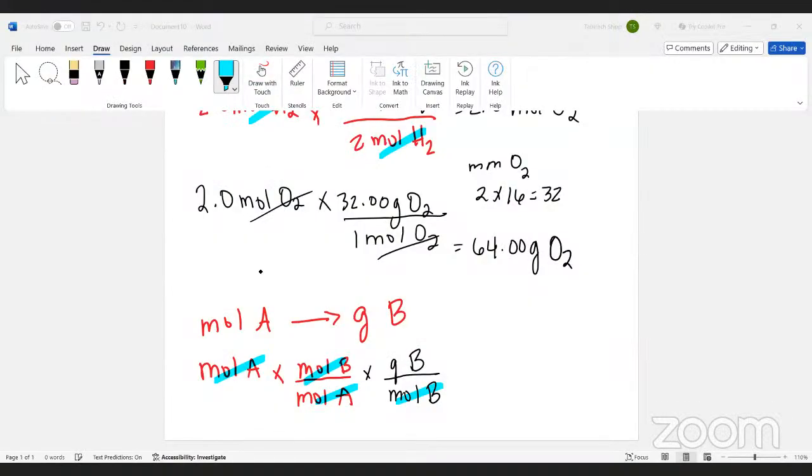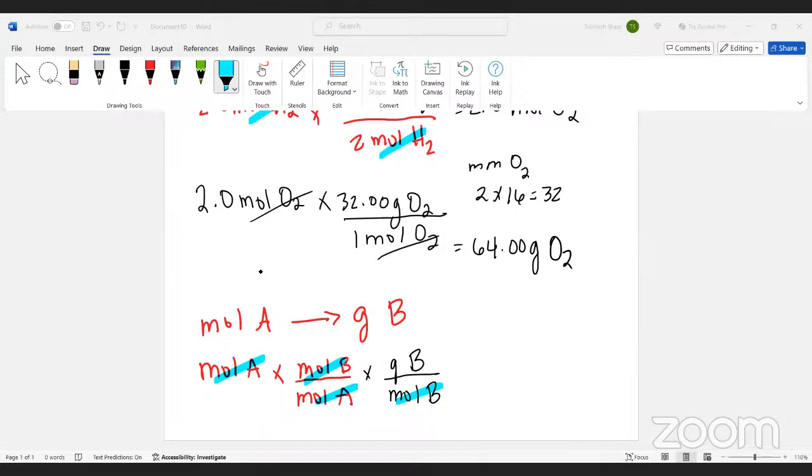So what you're going to do, you're going to say 6.0 moles of oxygen times. Now on the very bottom, you're going to use a coefficient for oxygen. Because remember, this time you're comparing oxygen to iron 3 oxide, okay?